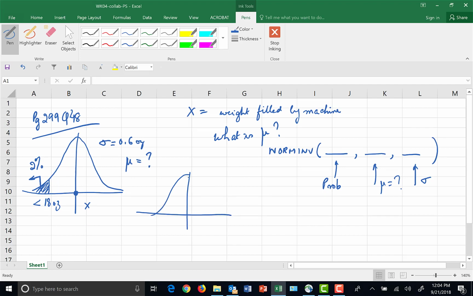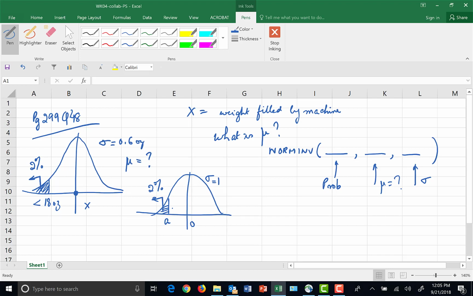I'll take the standard normal distribution, its mean is 0 and its standard deviation is 1. And I will still get this 2%, and I will find what is the location on the x-axis that corresponds to a tail of 2%.